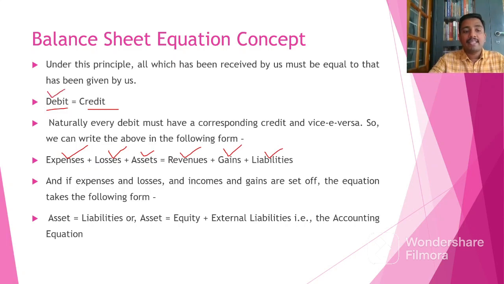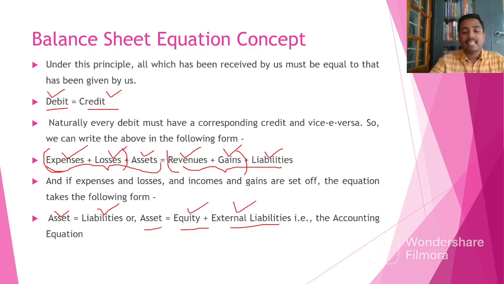So this debit is equal to credit can be rewritten as expenses plus losses plus assets is equal to revenues plus gains plus liabilities. And we know these expenses or losses and these revenues and gains will be matched together, which means at the end we can say that the assets will be equal to the liabilities plus capital, that is equity plus the external liabilities.